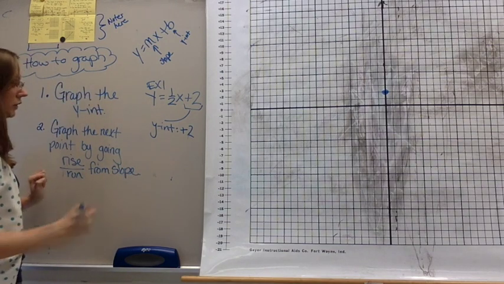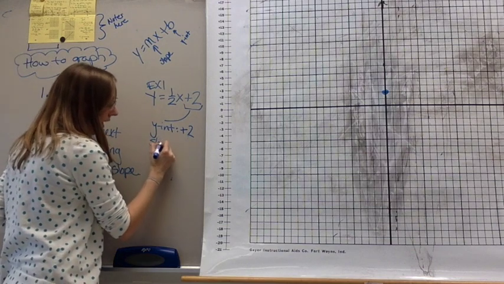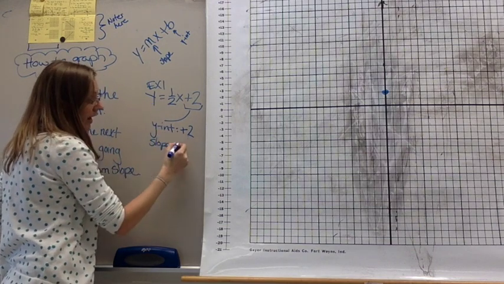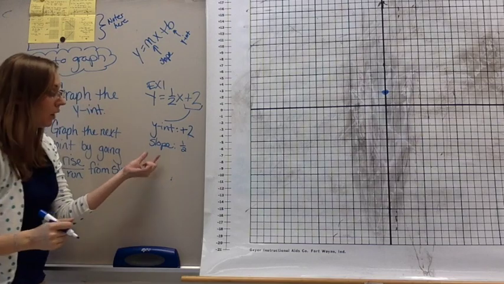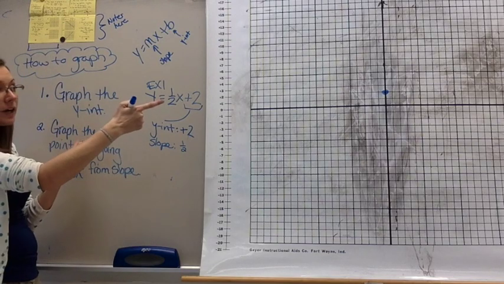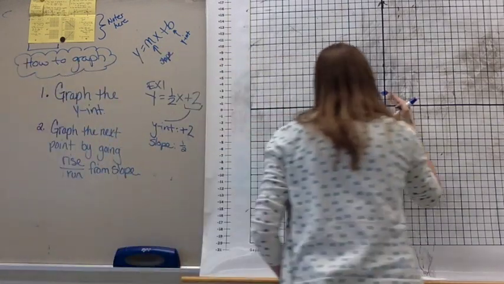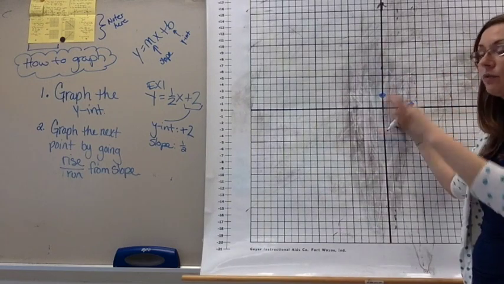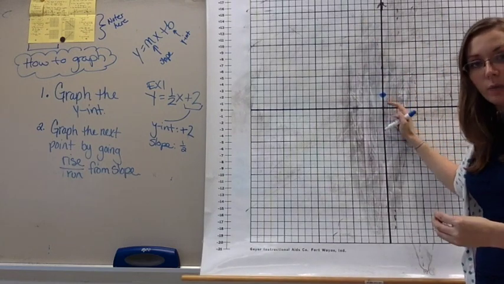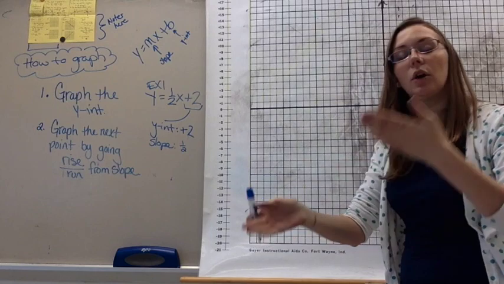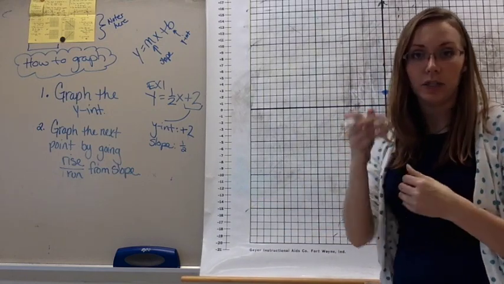My slope here, my m value, is 1/2. Starting at the point that I already graphed, I'm going to do a pattern of rise over run, which means I'm either going to go up or down, and then forwards or backwards, depending on if it's positive or negative.